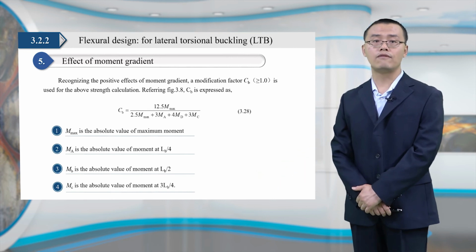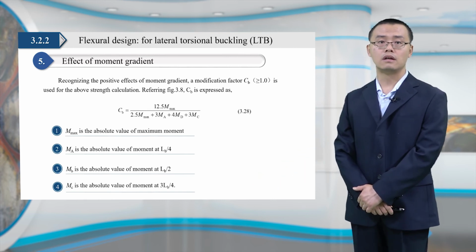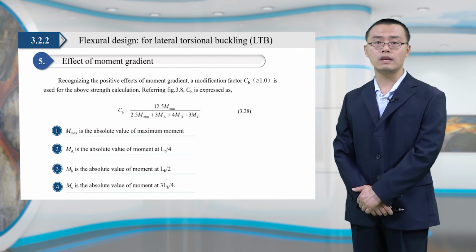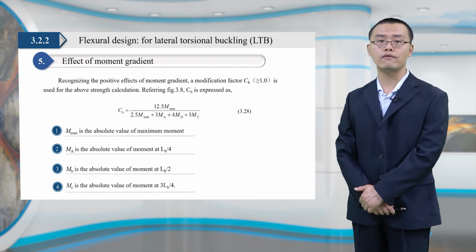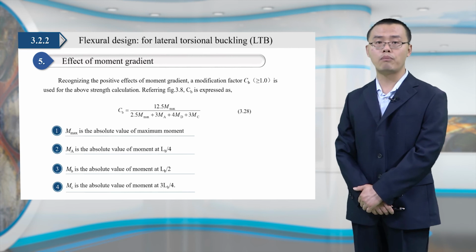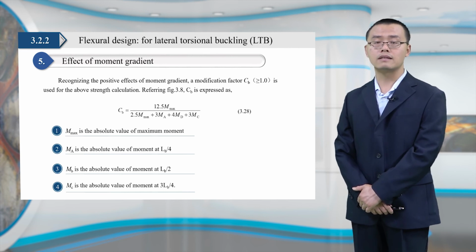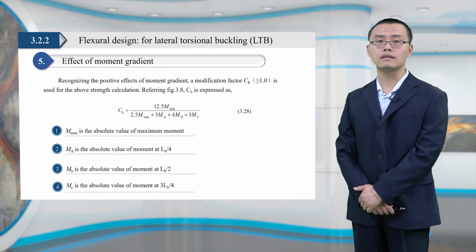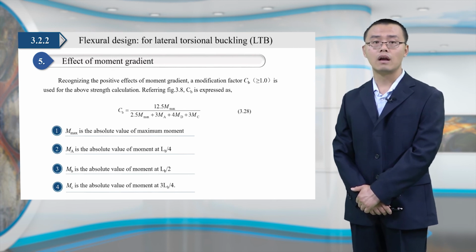Now, here is the effect of moment gradient. Recognizing the positive effects of moment gradient, a modification factor C_B is used for the above strength calculation. Referring to Figure 3.8, C_B is expressed as the following 3.28.